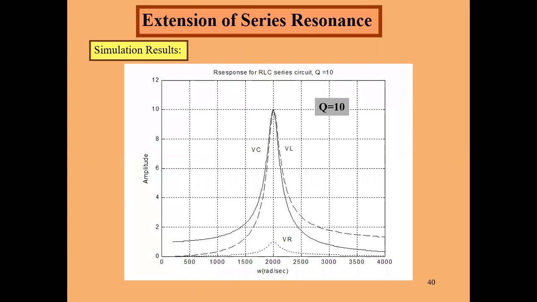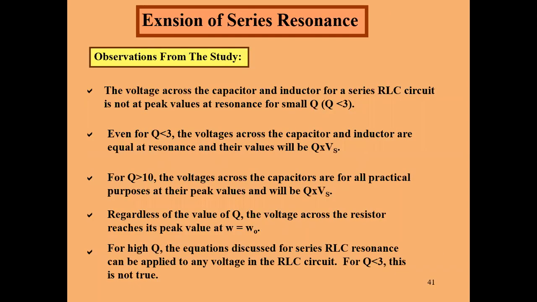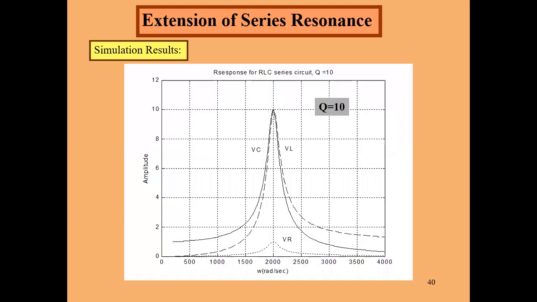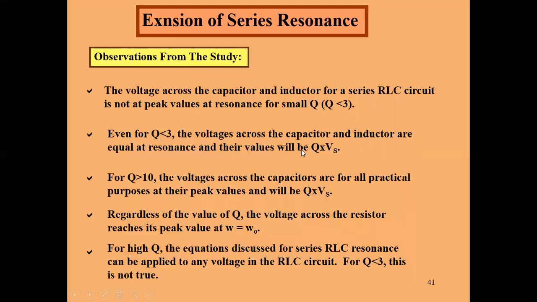That is the response obtained after the MATLAB simulation. So the observation from this study is that if Q is equal to 10, when we increase the quality factor, VC and VL also increase.